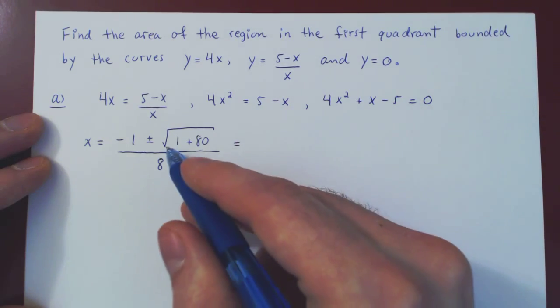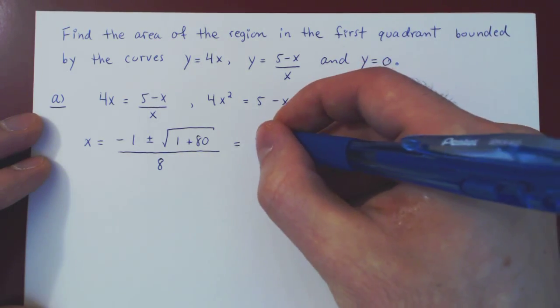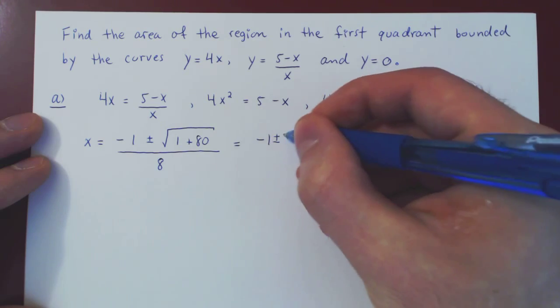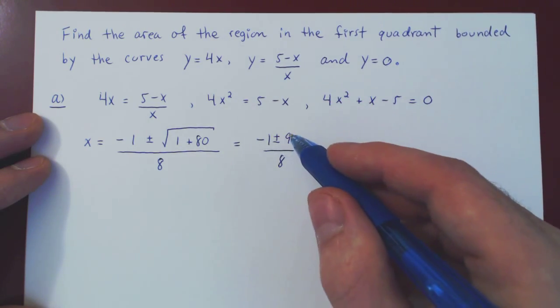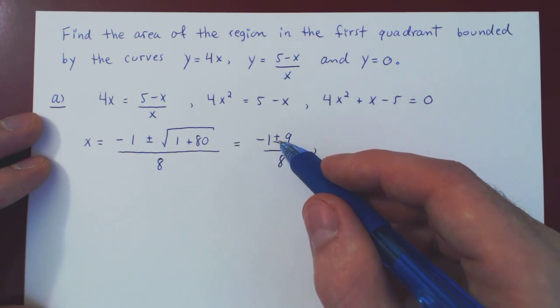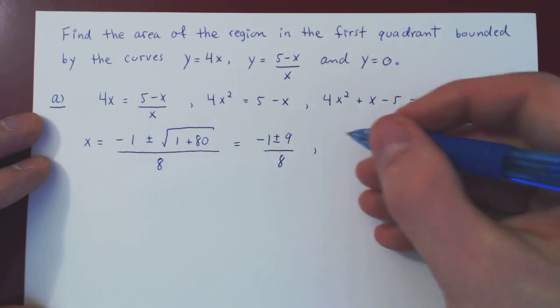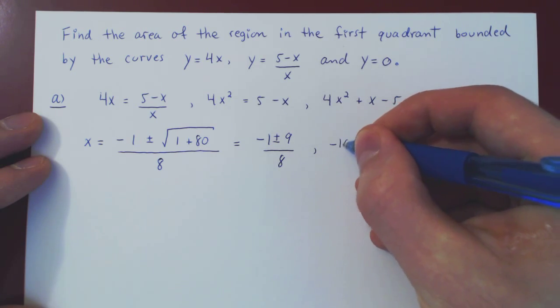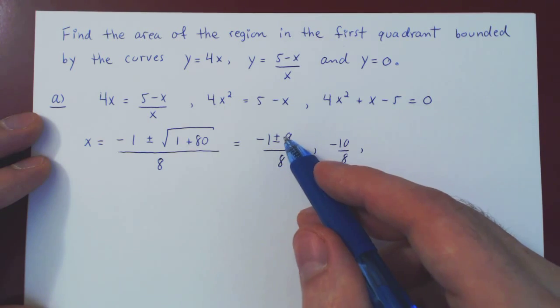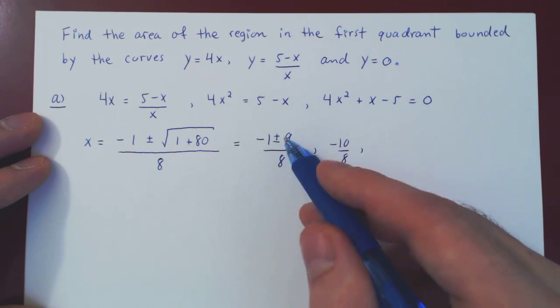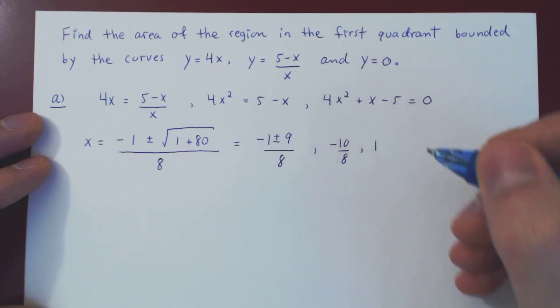Now we can simplify this to the root of 81, which is 9. So we get negative 1 plus or minus 9 over 8. If you take the negative sign, you'll get negative 10 over 8. If you take the positive sign, you'll get negative 1 plus 9, 8 over 8, which is 1.